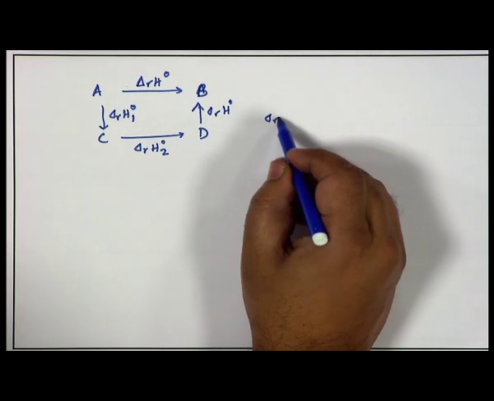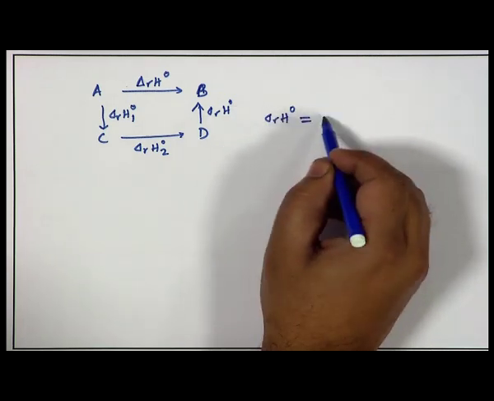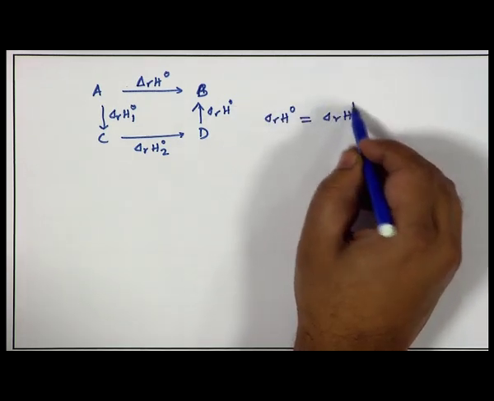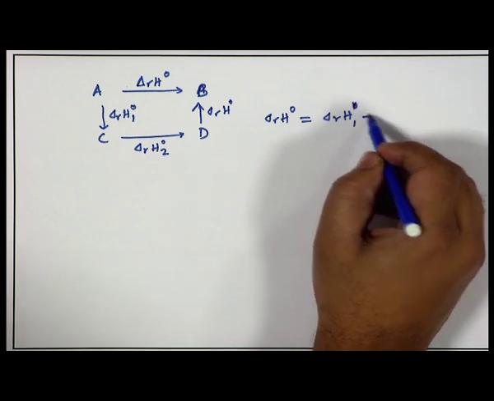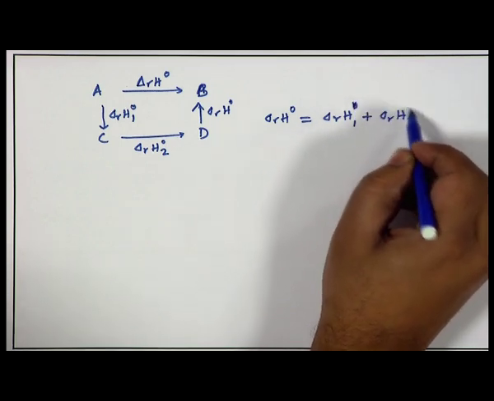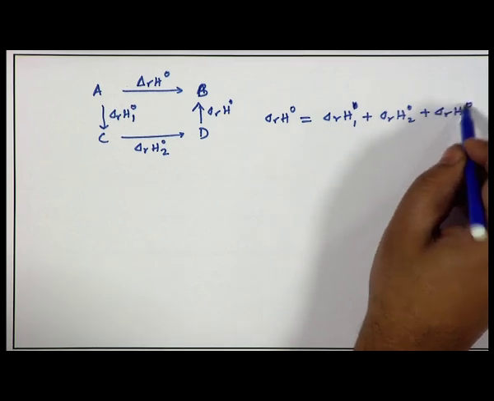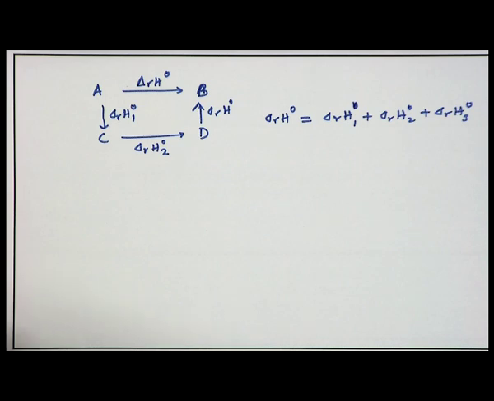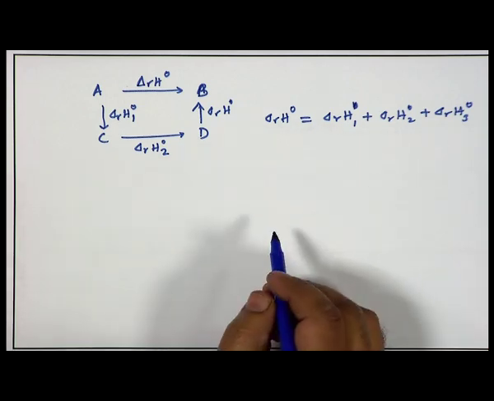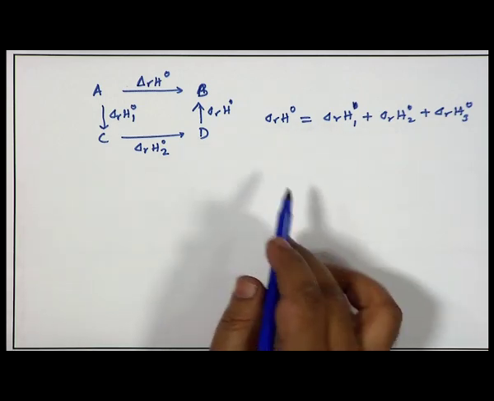Then del H R for the reaction would be del R H 1 plus del R H 2 plus del R H 3. So, this is basically the general form of Hess's law.